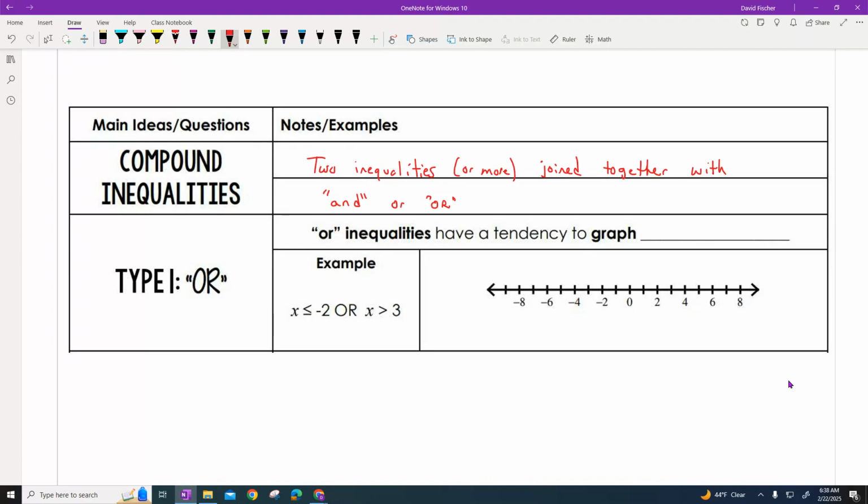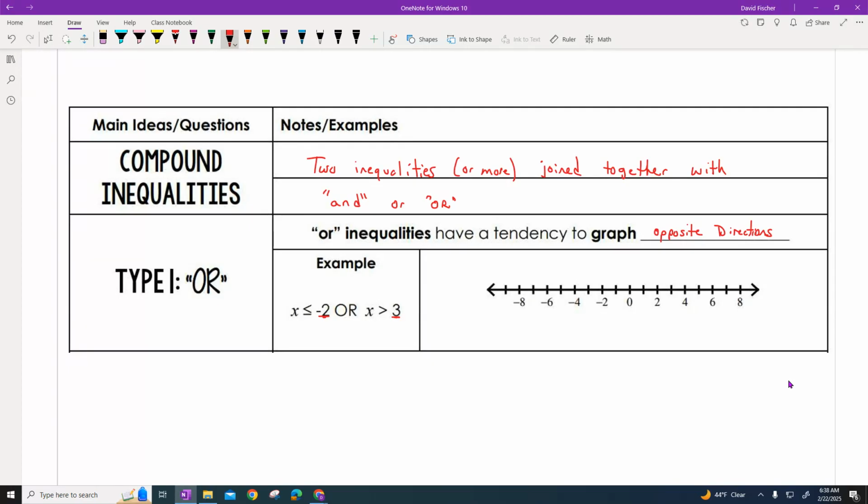And usually when we have an inequality that's an or, the graphs go in opposite directions. Also, when we write our final answer, we want to make sure that the smallest number is over here on the left of the or, and the larger number is over here on the right. Negative 2 is smaller than 3.